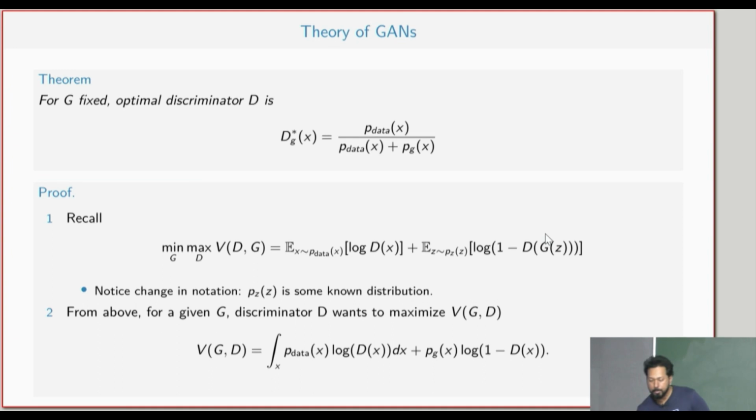So there is a slight difference between PG and PZ. Z coming from PZ is standard normal, whereas after the transform via G, we can replace G(z) by x, and this x is actually the generated distribution.